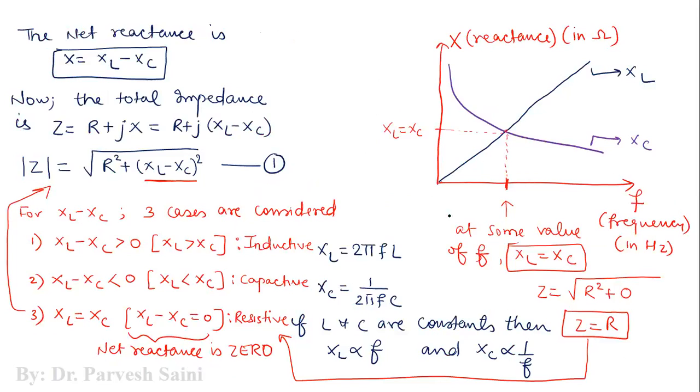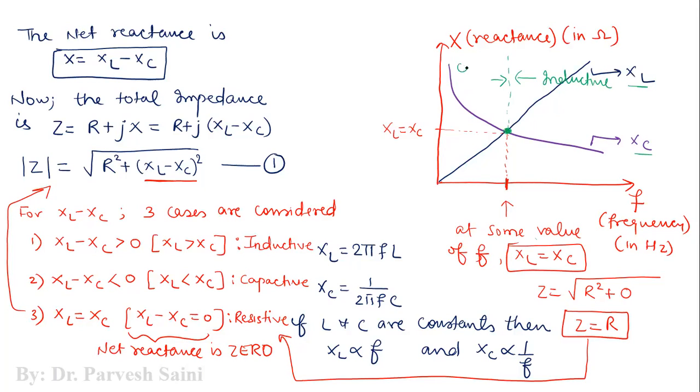Now we were discussing here and we said that at some value of this frequency, we have an intersection point between the capacitive reactance and the inductive reactance, right? So that means if we divide this part into two, everything here we have the inductive, and everything here is capacitive, basically we are talking about the AC circuits, right?